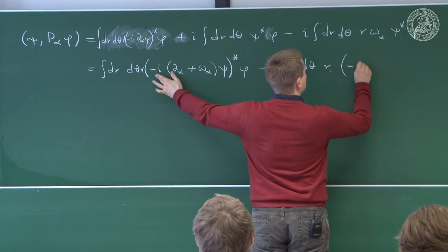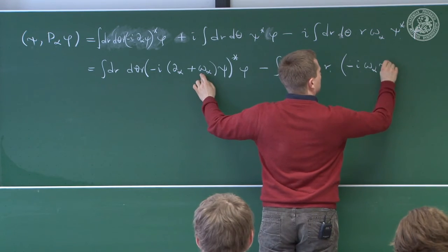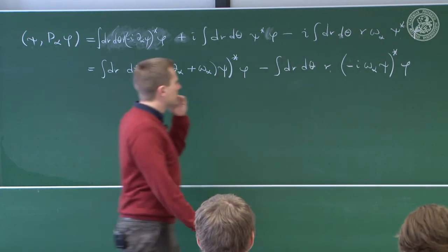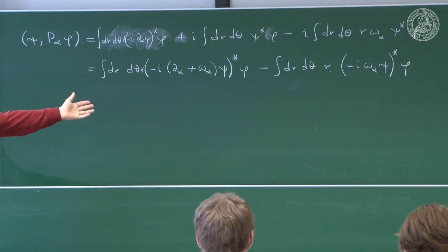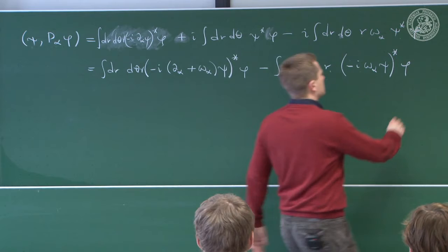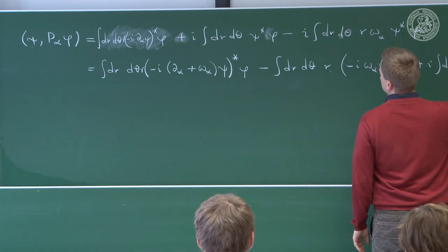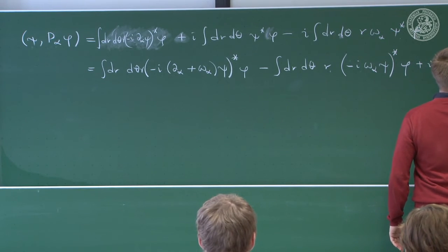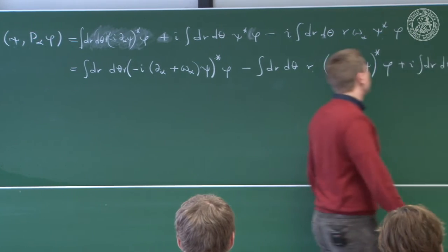What I added was minus I omega alpha psi starred phi. Do you all concur? That's what I added, and I subtracted again. And then there is a plus I dr d theta psi star phi minus I dr d theta r omega alpha psi star phi.